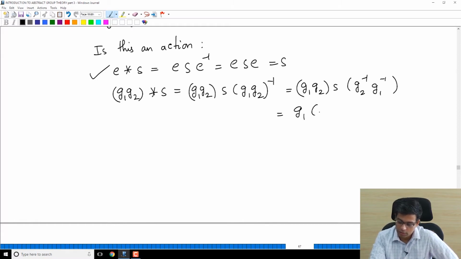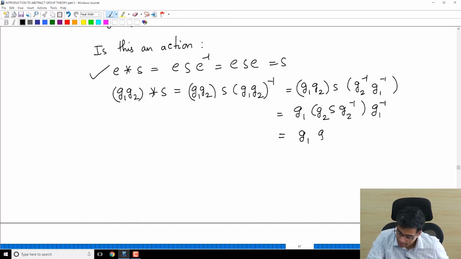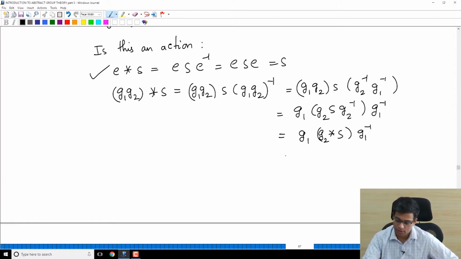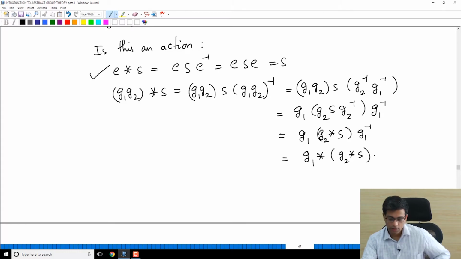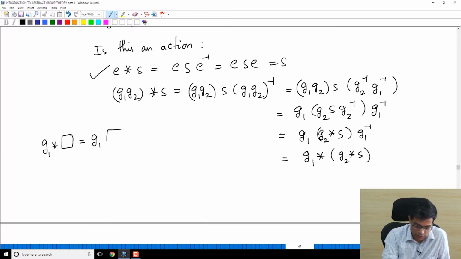This is g1 g2 s g2 inverse g1 inverse by associativity of the group operation, and this is g1 times (g2 star s) times g1 inverse, right? Because g2 star s is by definition g2 s g2 inverse. But this is the same as g1 star (g2 star s), because g1 star something is g1 times that thing times g1 inverse.